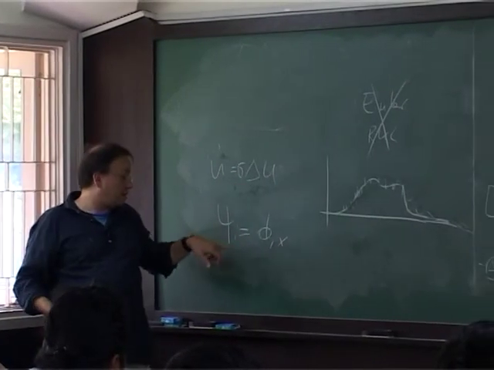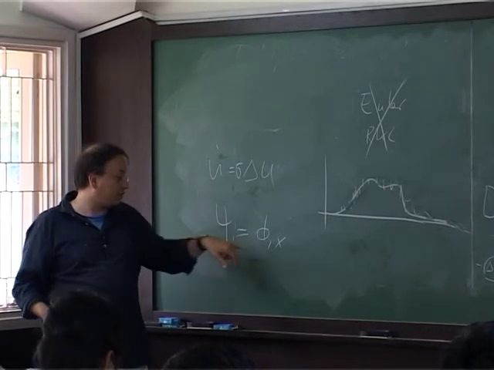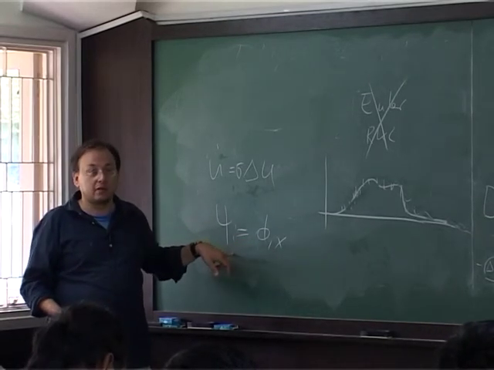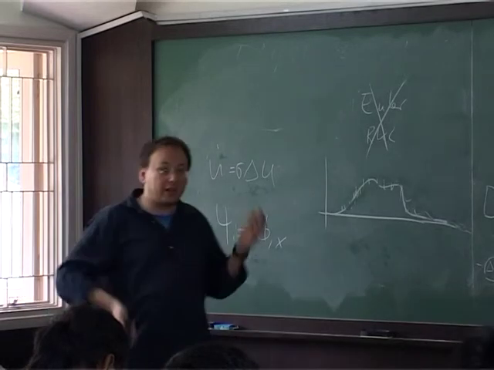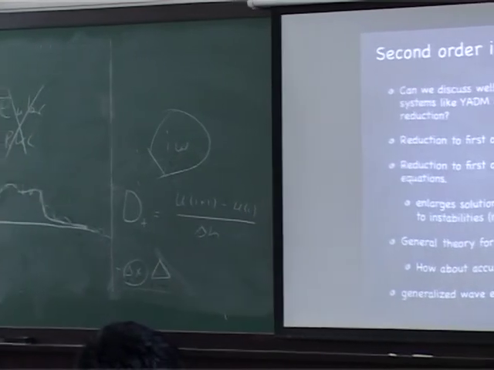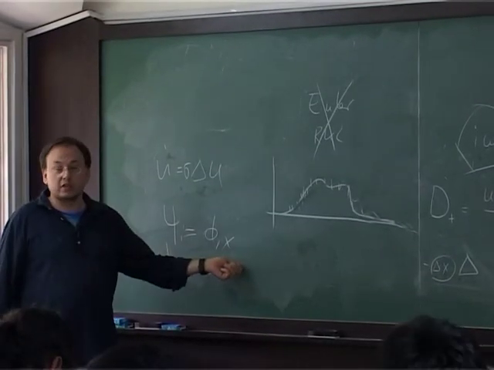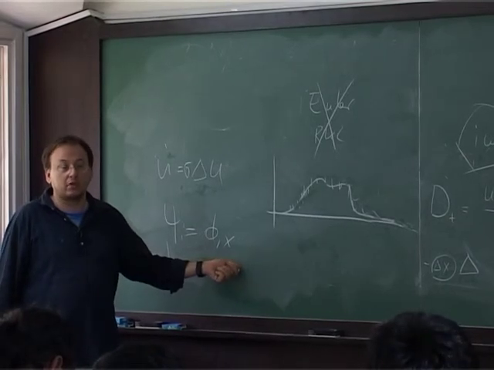So you have enlarged your phase space by more variables, but then you have to make sure that these artificial relations here are actually satisfied. Now, if you have nonlinear equations, this can go quite bad, so unphysically enlarging your phase space by even more variables is not necessarily a good idea, because these can be unstable.